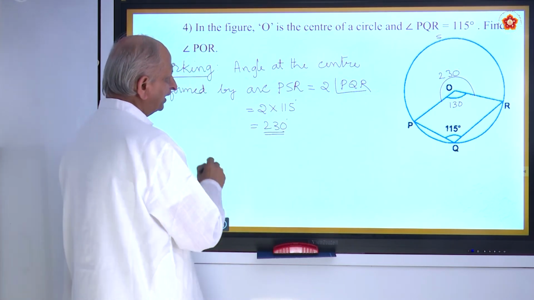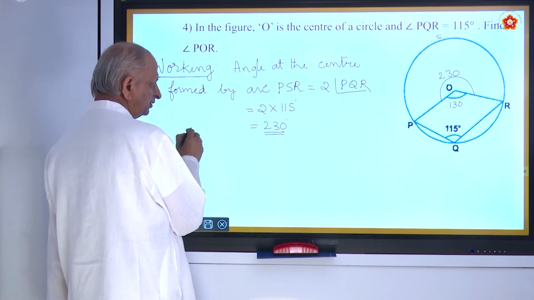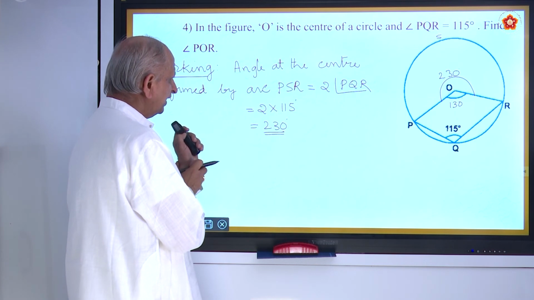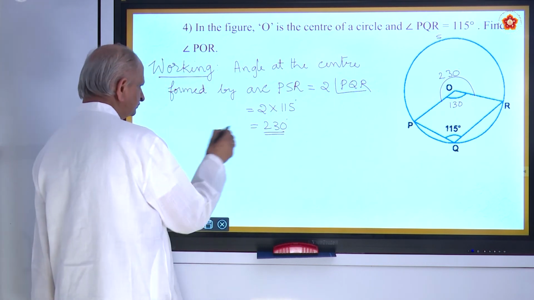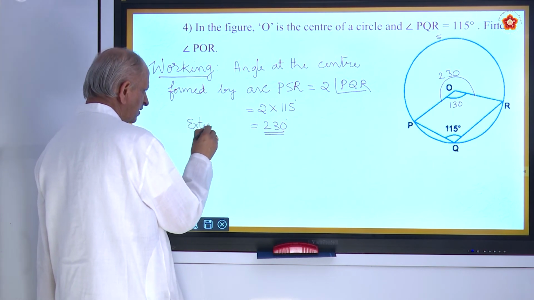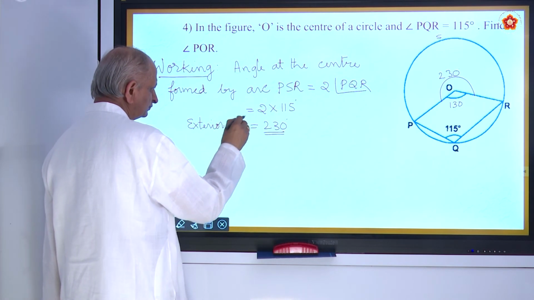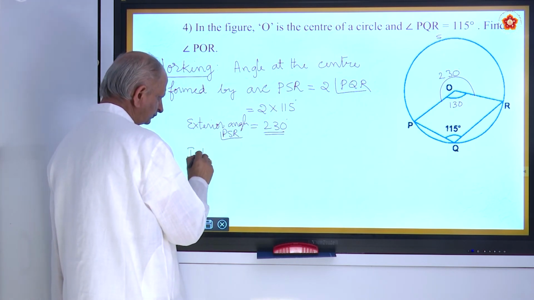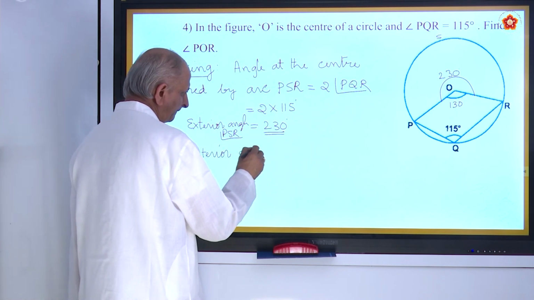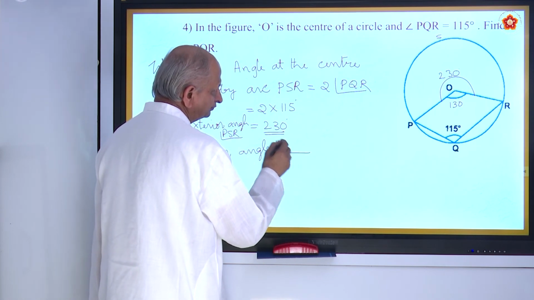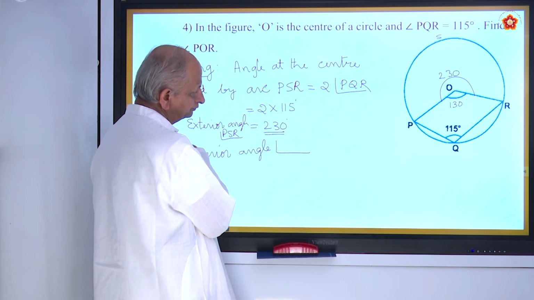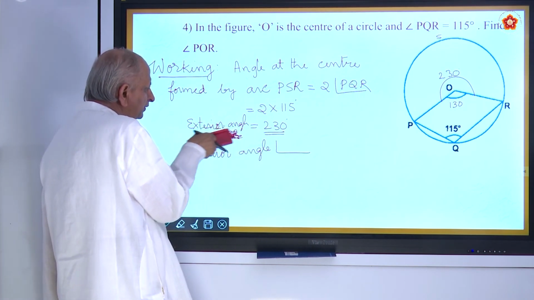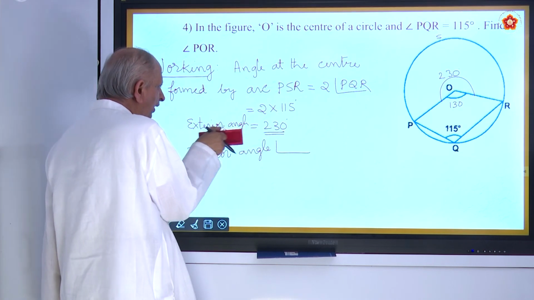So angle POR becomes 230. And if that is 230, this you can call the exterior angle PSR. Now we have the interior angle POR.